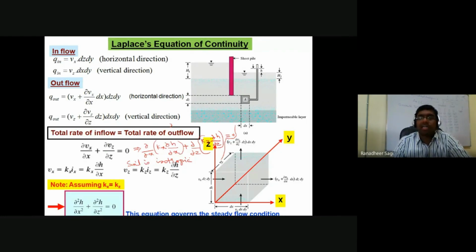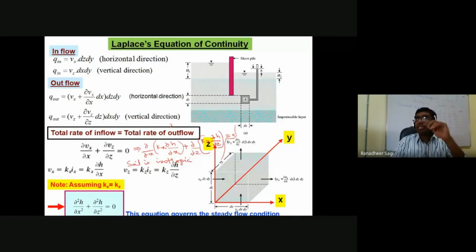Which property am I looking at here? It is the property corresponding to the flow, which is nothing but the coefficient of permeability of the soil at a point both in x direction as well as in z direction. I am assuming it to be the same. If the soil is isotropic, then the coefficient of permeability of the soil both in x direction as well as in z direction is going to be the same.